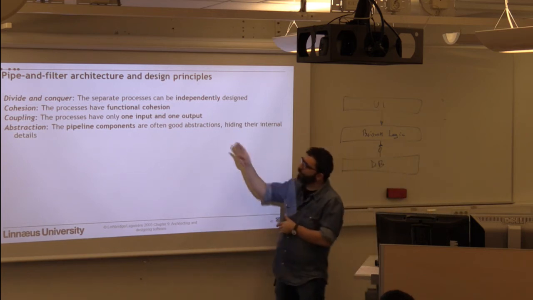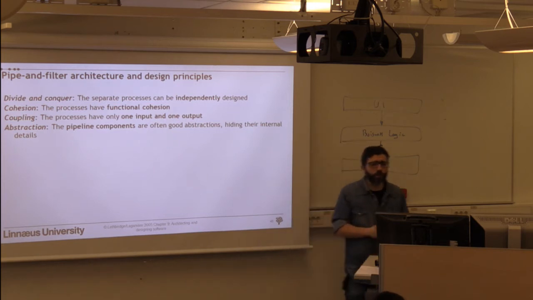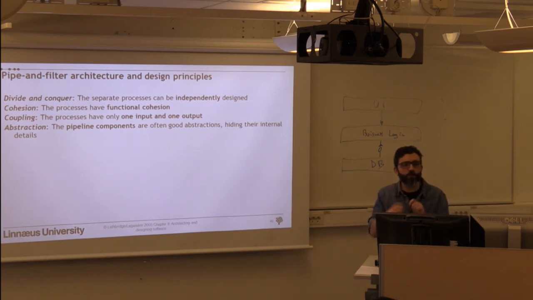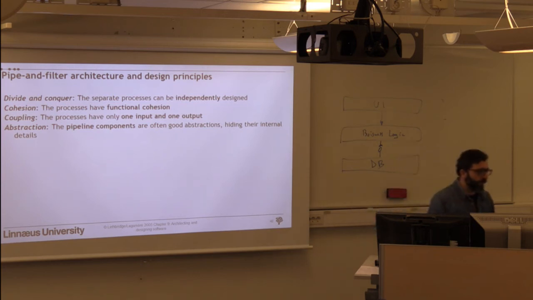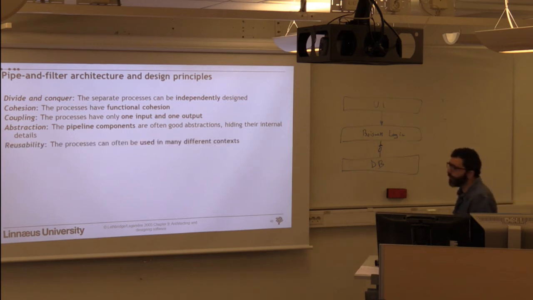The fact of having this pipeline component is a very good abstraction, because you hide every internal detail. Okay, you only need to know, for example, what the input and the output are, that you have to produce in order to be computed by the next component.